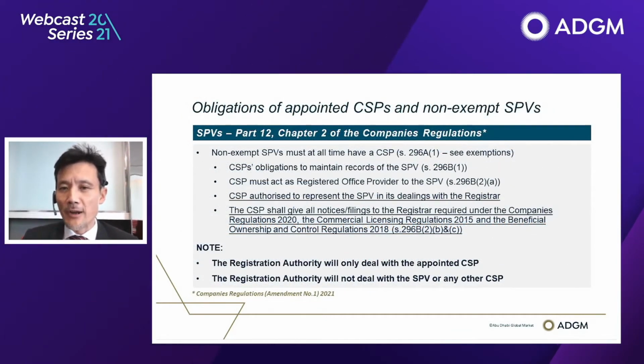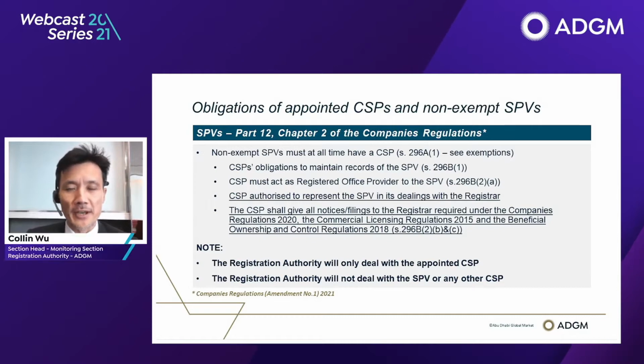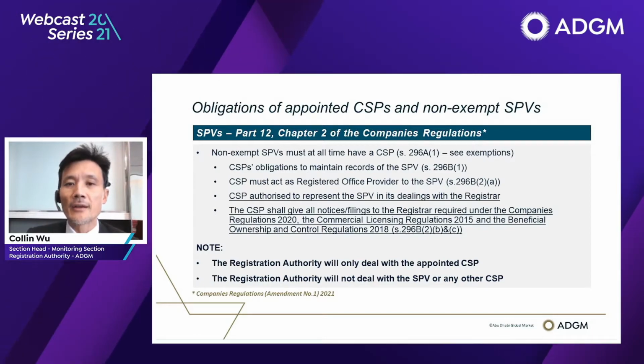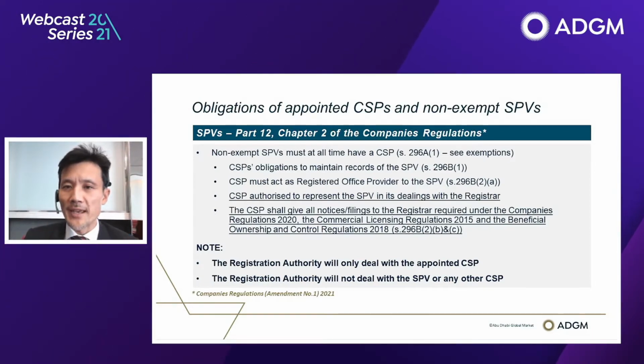Under the CSP framework, a company conducting a business activity of being a special purpose company or vehicle must at all times have a company service provider, also known as a non-exempt SPV. A CSP who consents to be appointed by a non-exempt SPV has a number of obligations. They are required to maintain records of the SPV, for example, registers of members and directors.